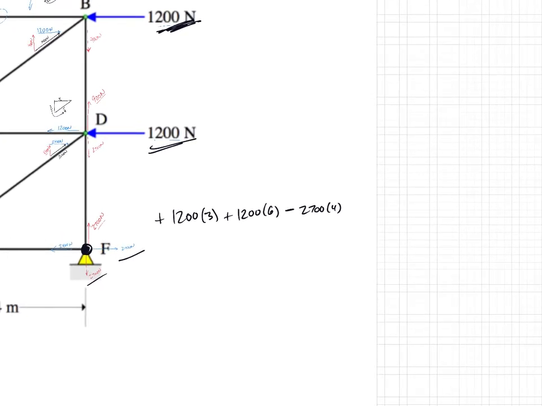Okay, and that should equal 0 if we've got equilibrium. So 2700 times 4. Okay, and then we'll take that number and we'll divide it by 9, and we get 1200. So this checks out. Okay, so that's how we know we did it right.